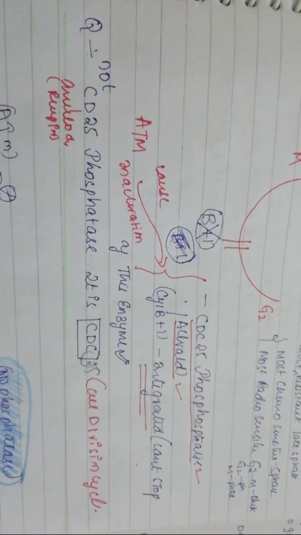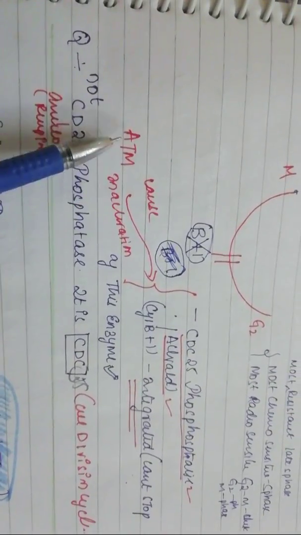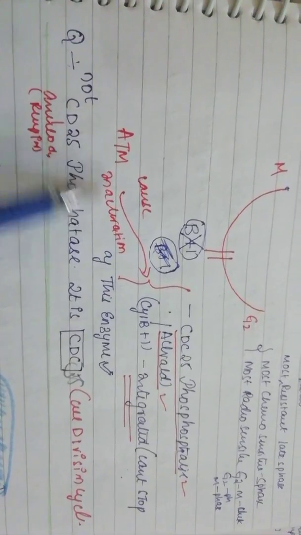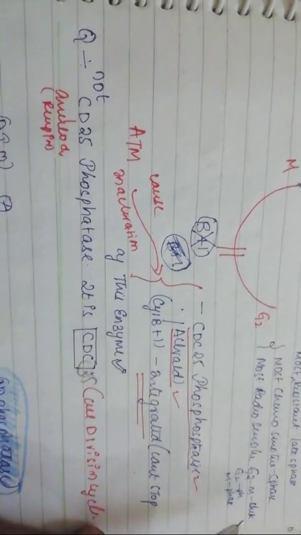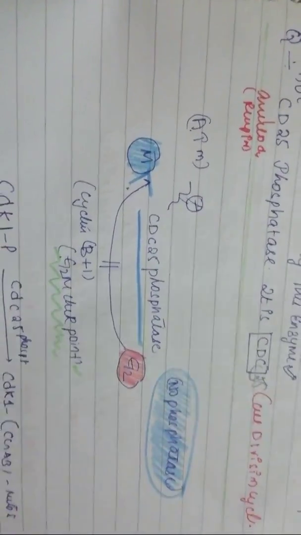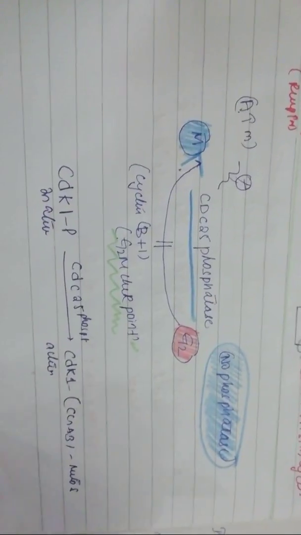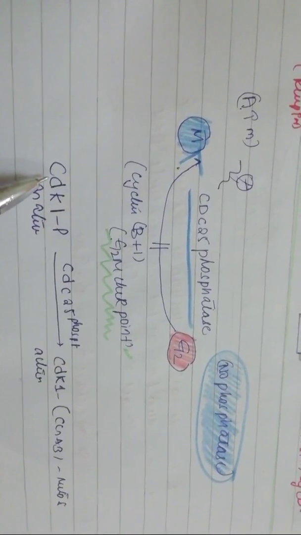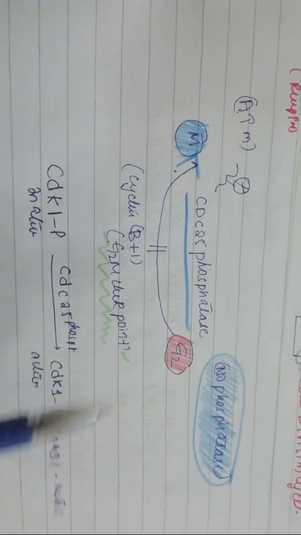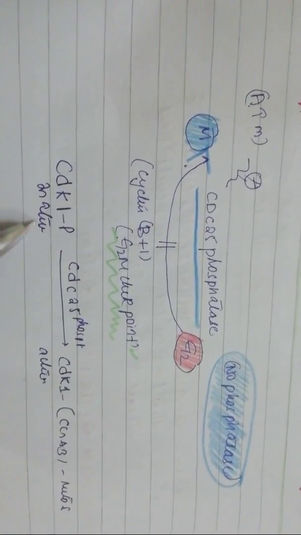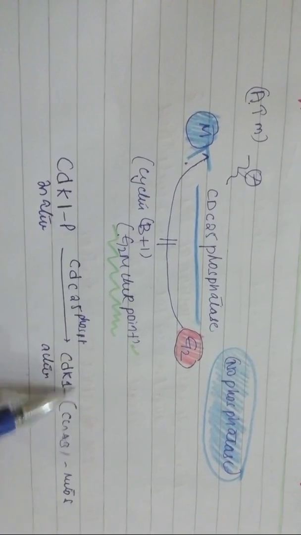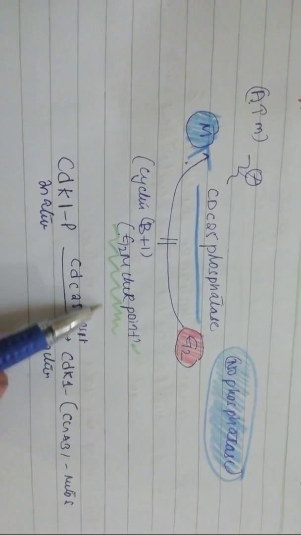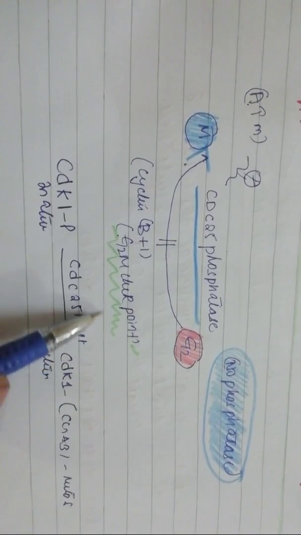In the second checkpoint, the ATM acts on something known as CDC25 phosphatase. There is cyclin dependent kinase 1, CDK1, which is in an inactive state. It converts into the active state of CDK1 in the presence of the enzyme CDC25 phosphatase.